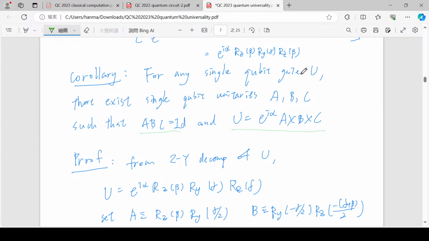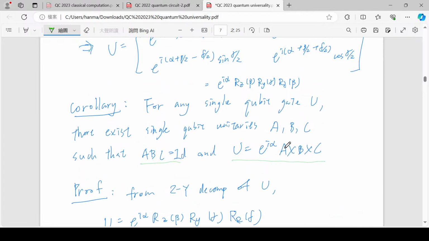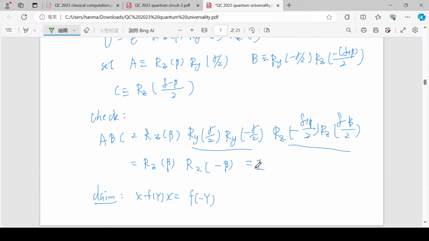Instead of e to the i alpha RZ, RY, RZ, we write e to the i alpha times some funny unitaries A, B, C such that A times Pauli X times B times Pauli X times C equals U, and ABC satisfy a special relationship such that A, B, C multiplied together equal the identity. It's kind of wondering why we want this, but let's go to the proof first.